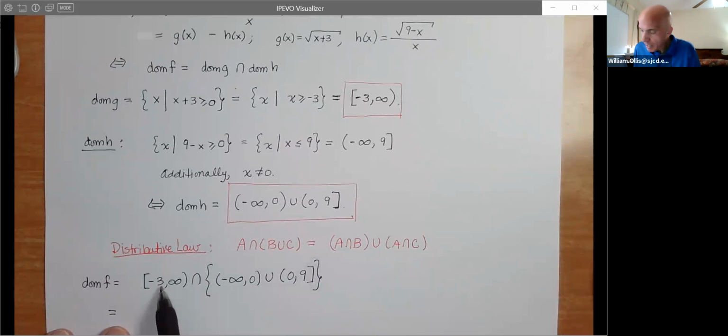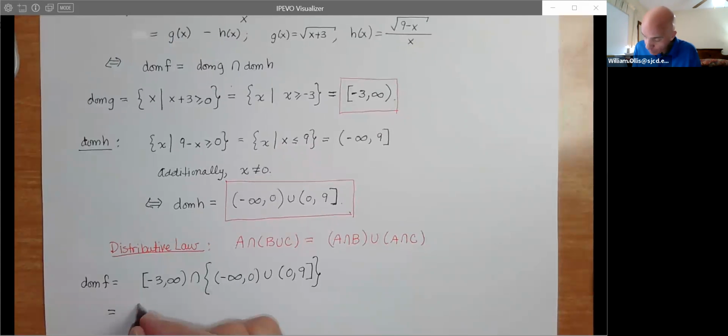We intersect the -3 to infinity with negative infinity to 0. Well, this is kind of odd when we look at this. We see this has a few negative numbers in it, -3 up to 0, but then after that, this basically stops at 0. So we can include -3 up to 0 with a parenthesis.